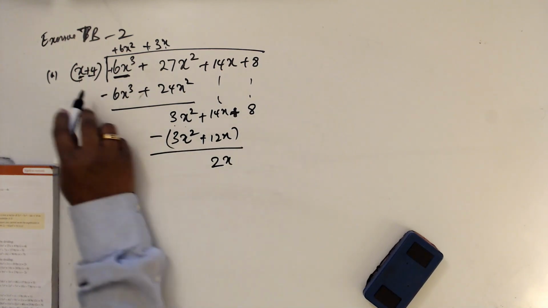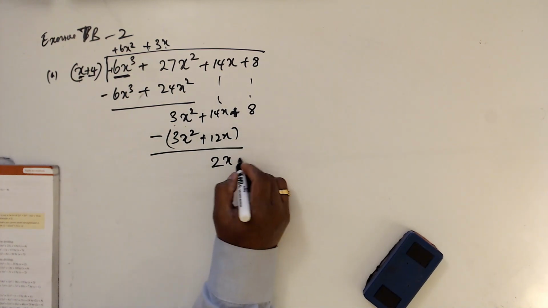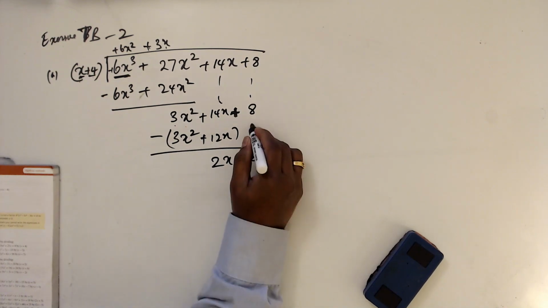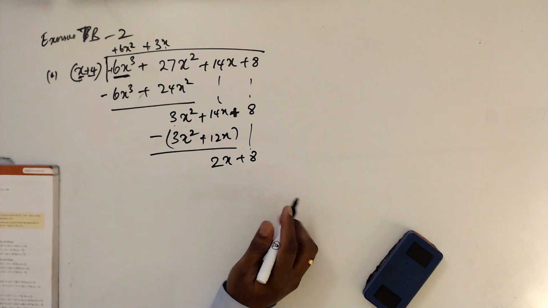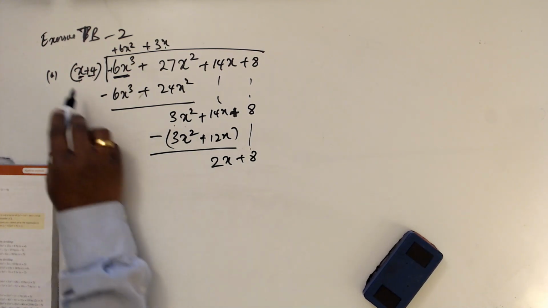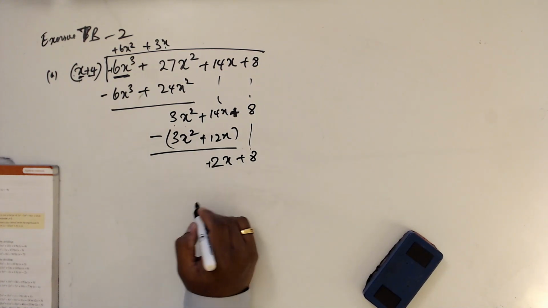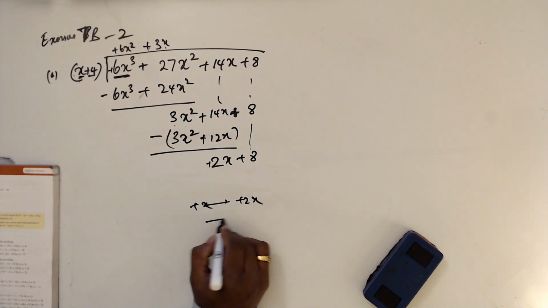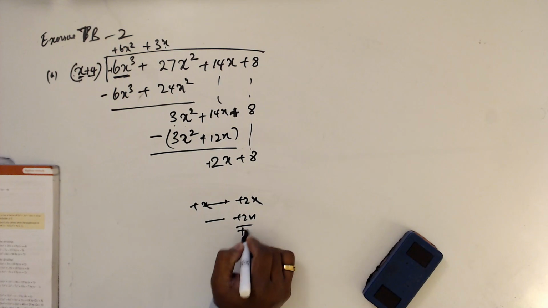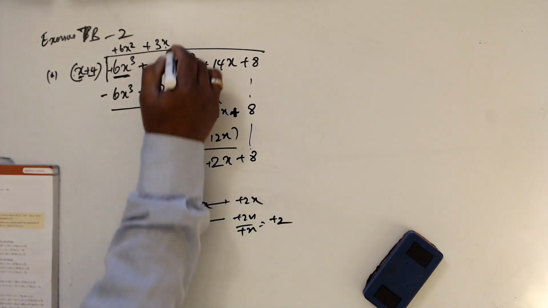Then we have to continue. Then I'll bring this 8 down. 2x plus 8. How many plus x goes into plus 2x? So plus 2x divided by plus x is plus 2.